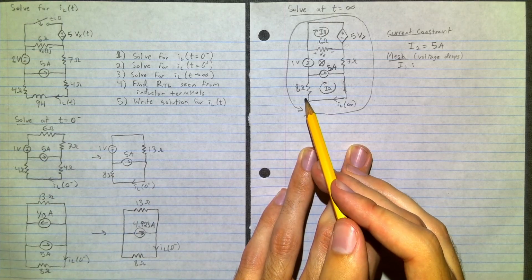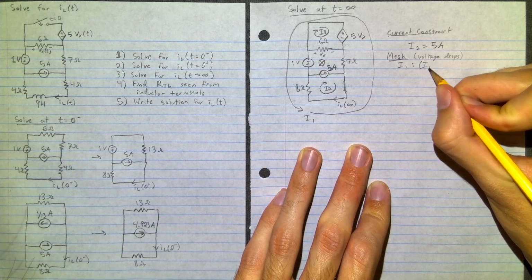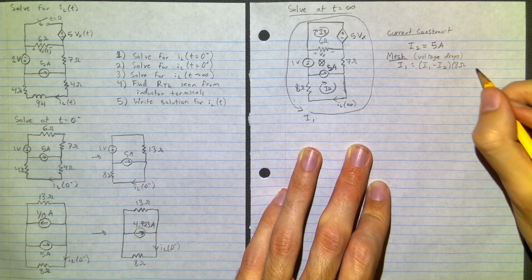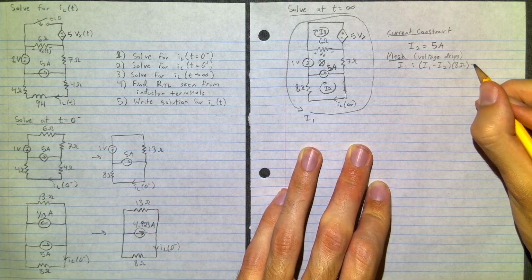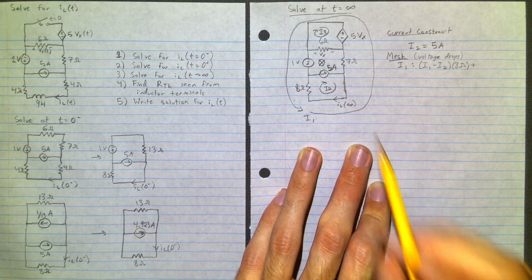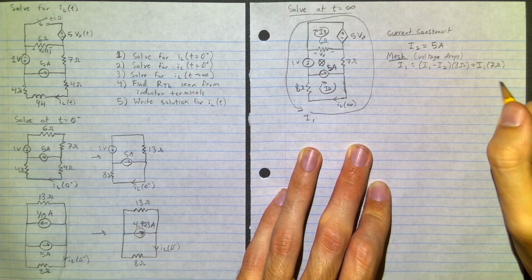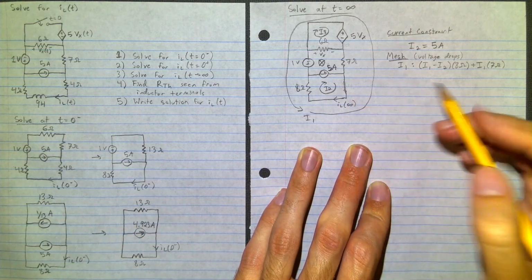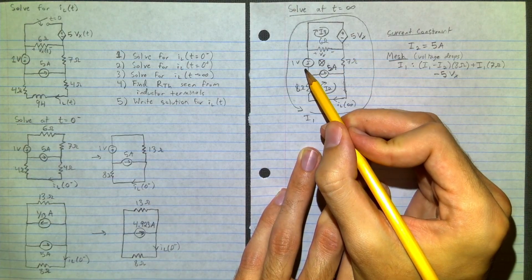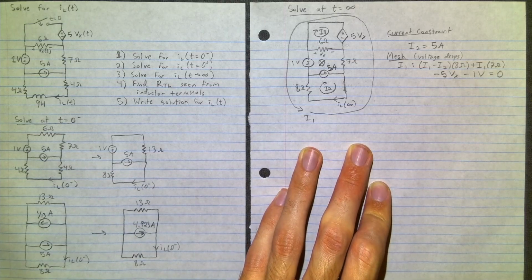So it'll be I1 minus I2 times 8 ohms, plus I1 times 7 ohms, and then minus 5Vx minus 1 volt. And all of that equals 0.